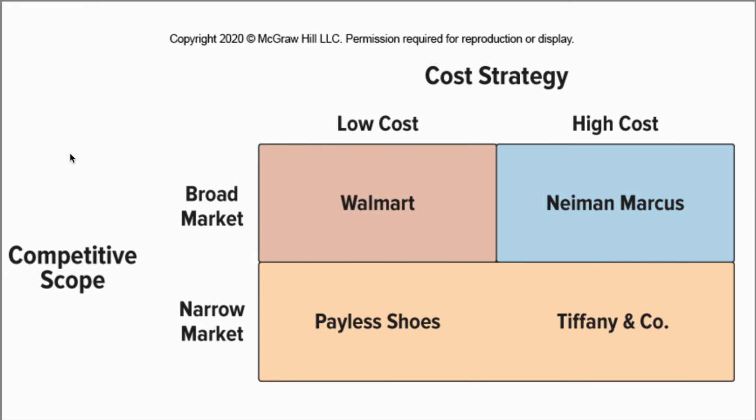So if we take a look at the example from the book, Walmart, with their slogan, "Everyday Low Prices," is the example always given for low cost. They're also a broad market.